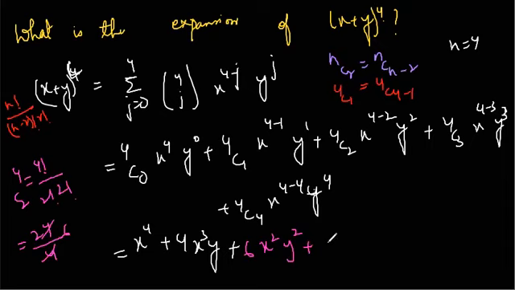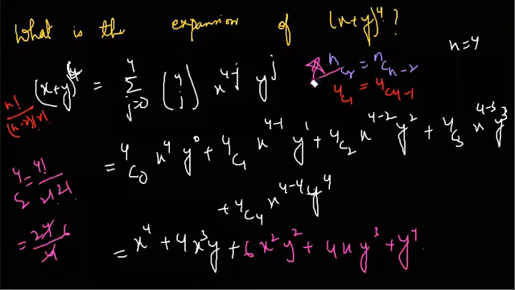So let's write 4xy cube. And then again 4C0 and 4C4 will be equal by using the same formula. So this will be equivalent to y power 4. So the expansion of (x plus y) whole power 4 is given as follows.